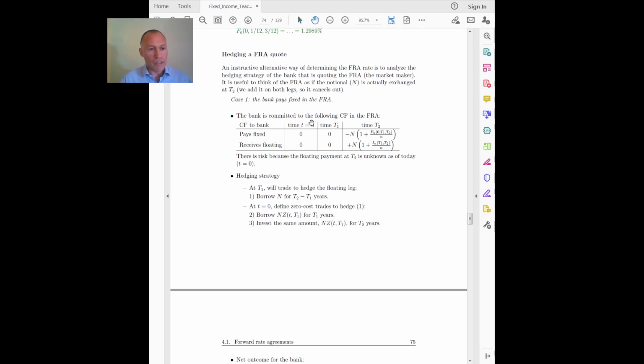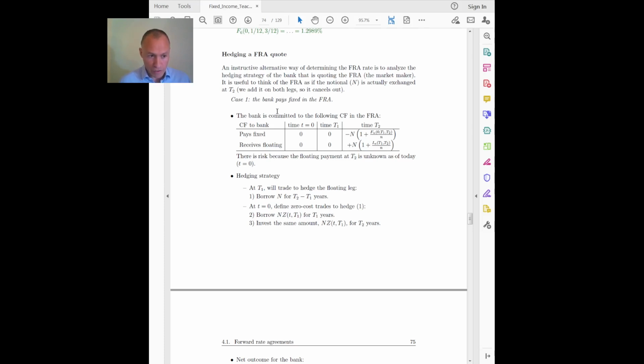All right. So let's say that case one. Let's say that the firm chooses to hit a quote that makes the bank, the market maker, pay fixed in the forward rate agreement. So if that is the case, the bank is committed to the following payments through the forward rate agreement.